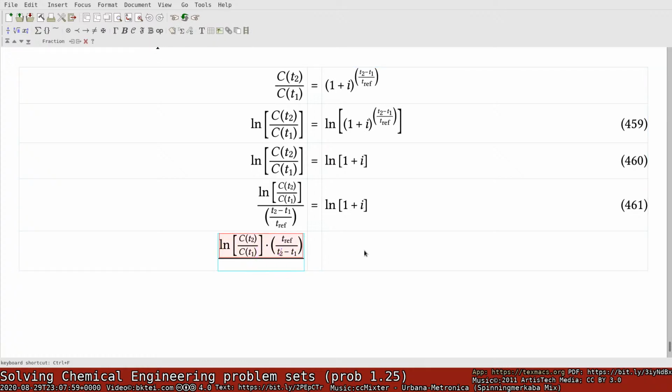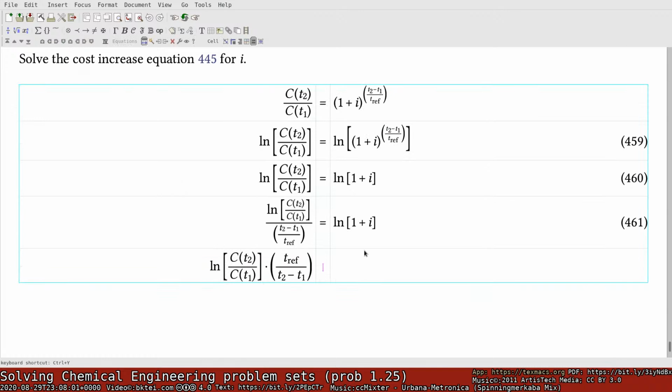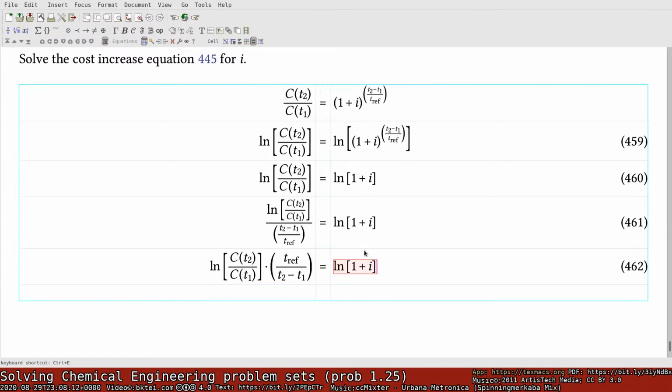And let's get rid of the fraction. Okay, and then we're not changing this, so let's just omit this. Then we can insert the time thing into the cost.